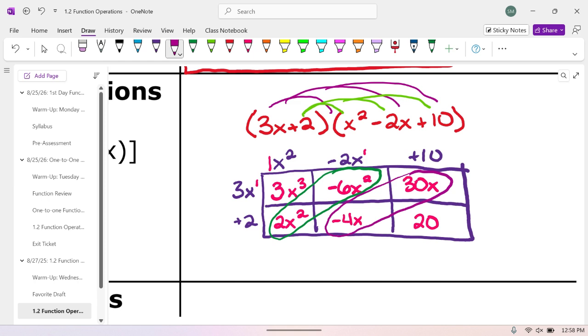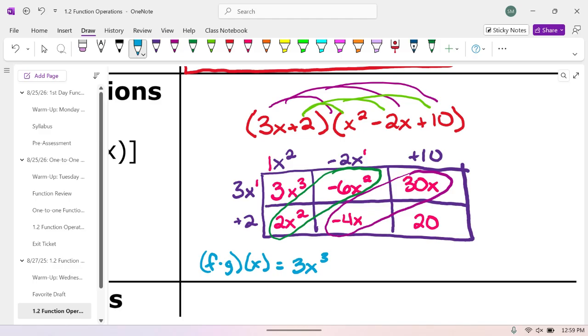So we're going to pull everything out to get my final answer. So f times g of x will equal, if I'm putting this in standard form, what's the first thing? 3x cubed. Good. Then come my x squared. So I already got them circled together. So let's just go ahead and combine them.